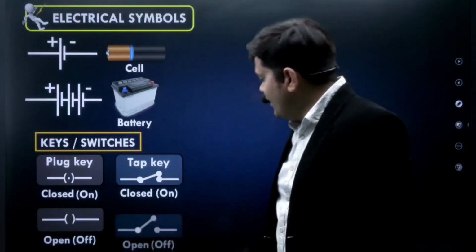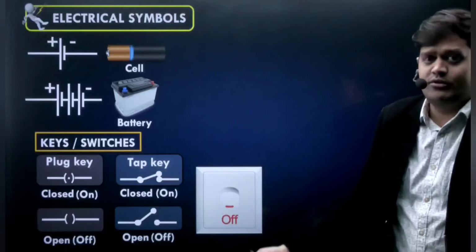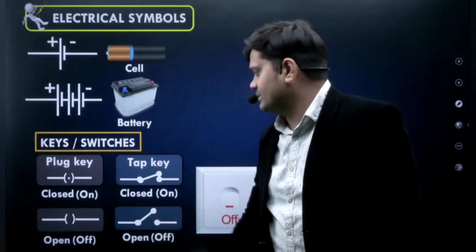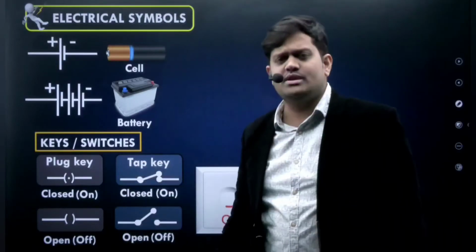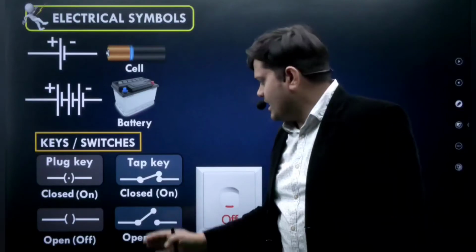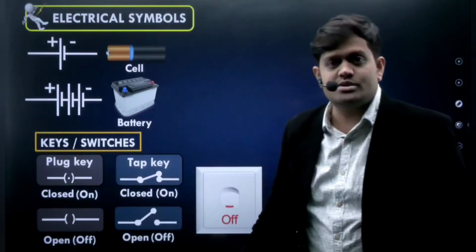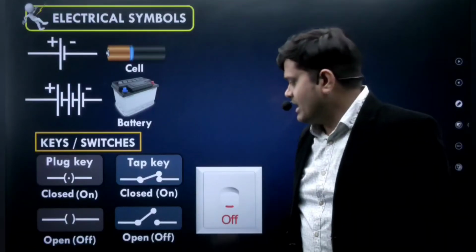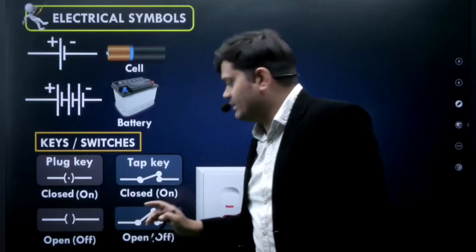And if the circuit is open, then current is not flowing. That is called the open. So these are the symbols which are used in your electric circuit. These two show the closed circuit, meaning current is flowing, and these two show the current is not flowing because these are open.